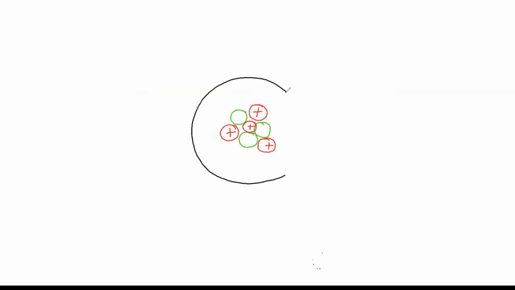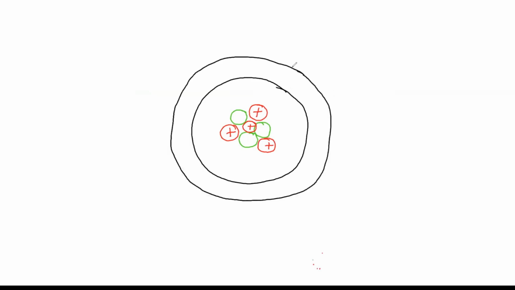Now, an atom has protons, which are positively charged, and neutrons, which are neutral, hence the name. And we can have more neutrons than protons because they are neutral, so they do not affect the charge of our atom. We also have electrons. Now, our electrons are in shells or orbitals surrounding the nucleus of our atom.